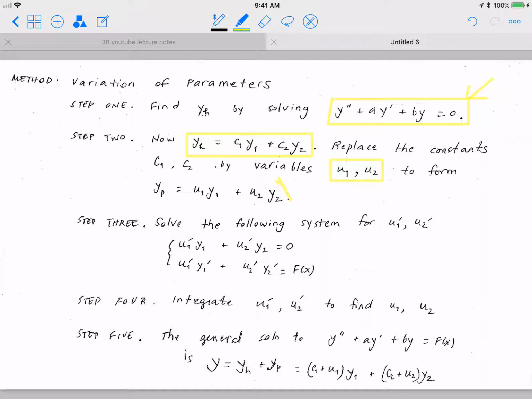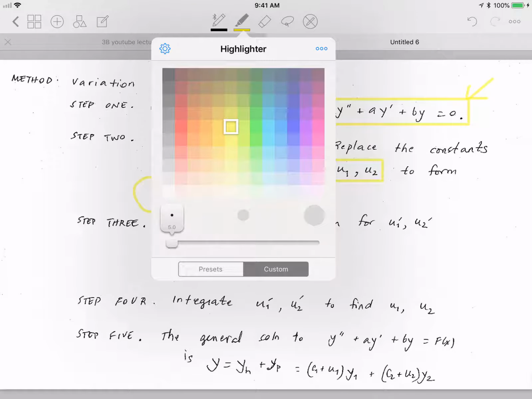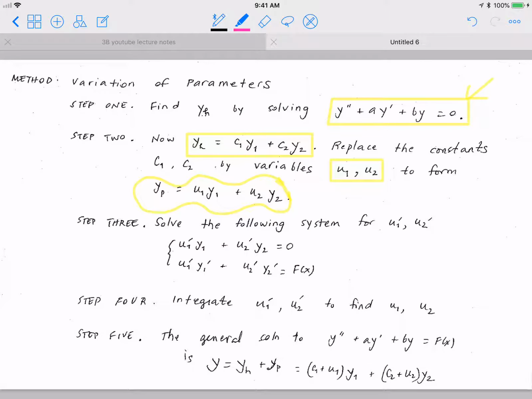So that's why the method is actually called variation of parameters. What you're doing is you're going to let your coefficients vary, right? So instead of c being just a constant, you're going to say, what if c changes, i.e. what if c is a function? So that's how we get this u1.